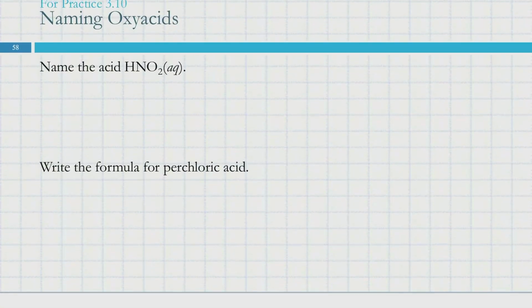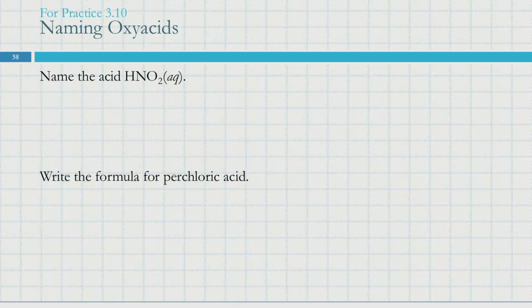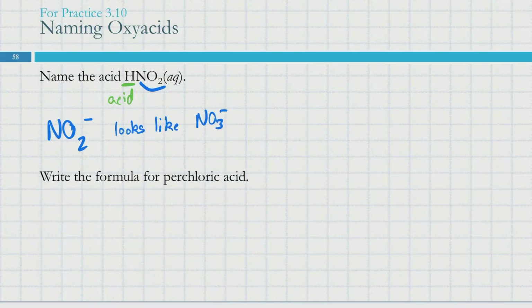All right, our oxyacid namings. We've got the acid HNO2. How do we know it's an acid? It starts with H. H in front means it's an acid. So we've got HNO2. We have an oxyacid, so we need to know the name of our oxyanion. NO2 with a 1- charge looks like NO3 with a 1- charge. NO3- is the one that we would have memorized, which is nitrate.